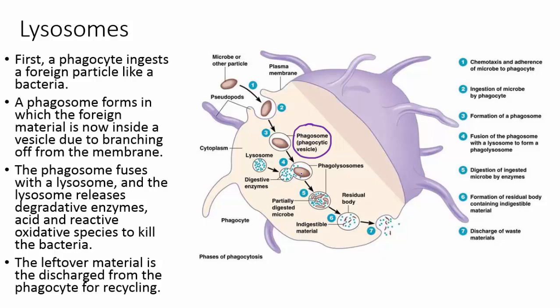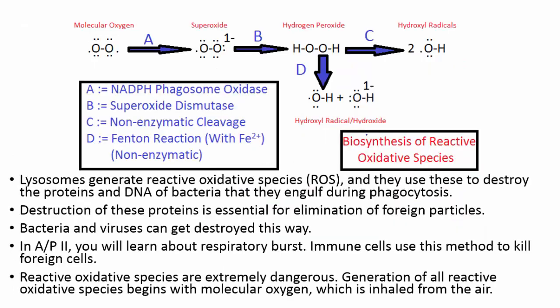The acid denatures the proteins, the proteases degrade the proteins, the nucleases degrade the nucleic acids like DNA and RNA, and the reactive oxidative species damage things further. You eventually break all that down to where it's inside a residual body, and then that stuff gets discharged into the interstitial fluid and blood, and will eventually get recycled. Okay, so hopefully you understand now the process of phagocytosis.